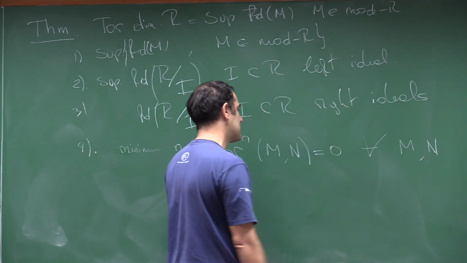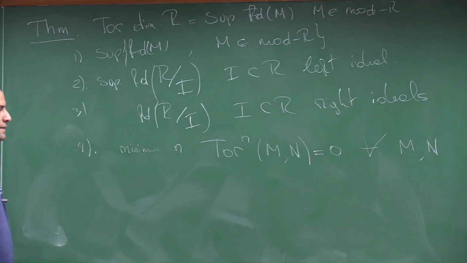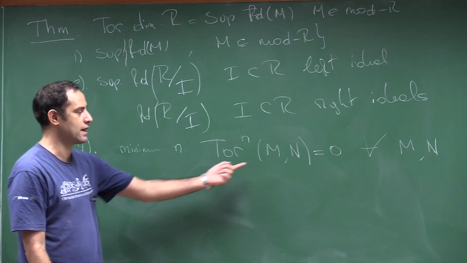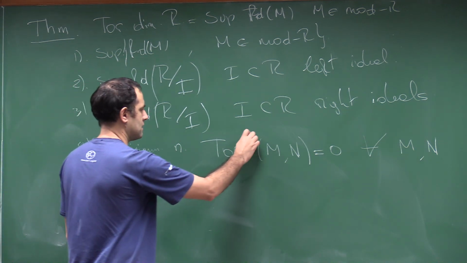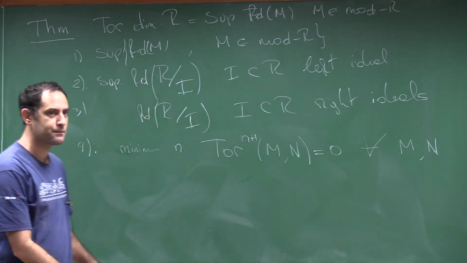Now m is a left R module and n is a right R module. No, the other way around. M is a right R module and n is a left R module, so that I can actually take this Tor. And let's fix this. So this is such that this happens.